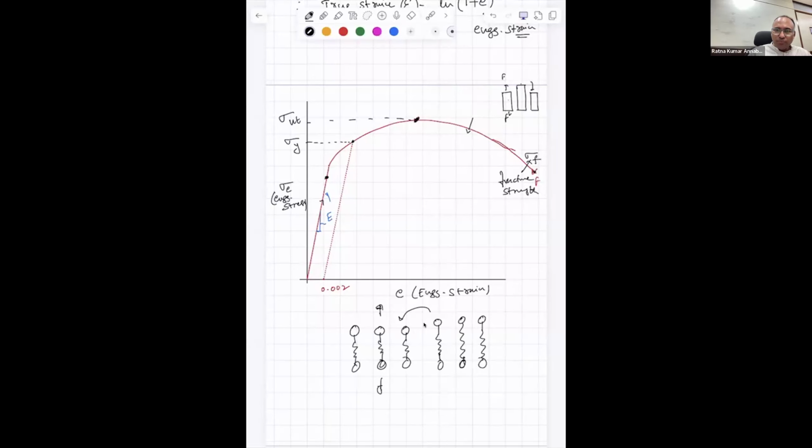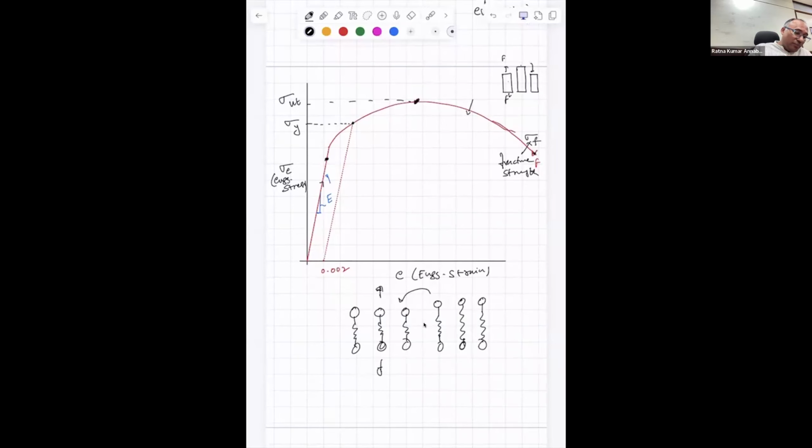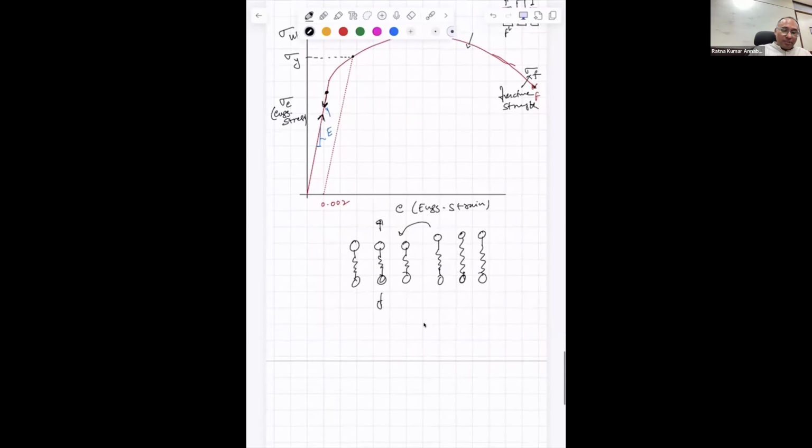Is that clear to all of you? Hence, if I load the material in this direction up to here and suddenly remove the load, the material will go back to its original configuration along this path. Why am I saying that path? Because the bond stiffness did not change.